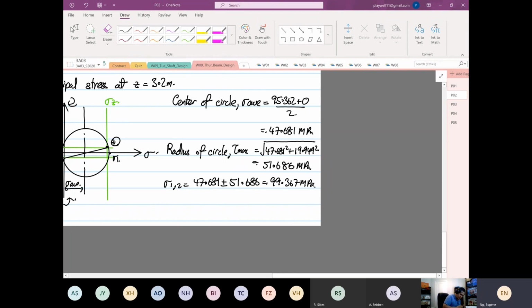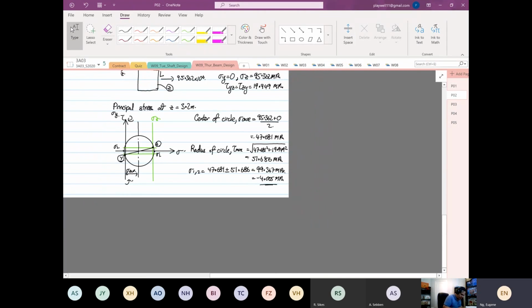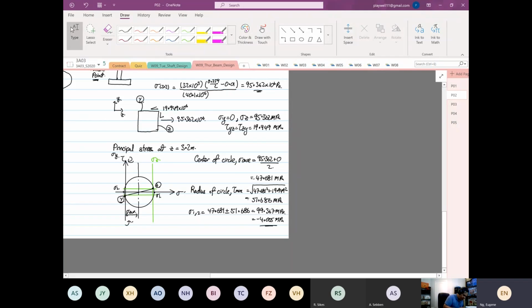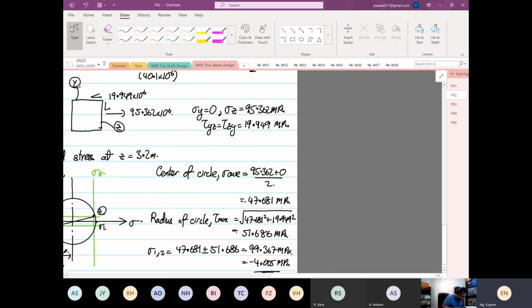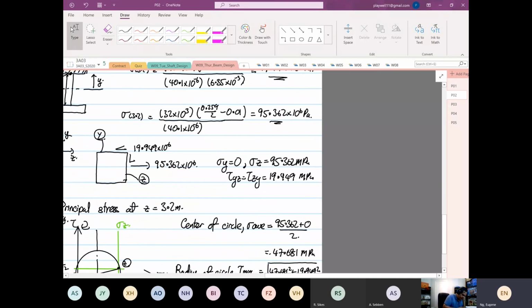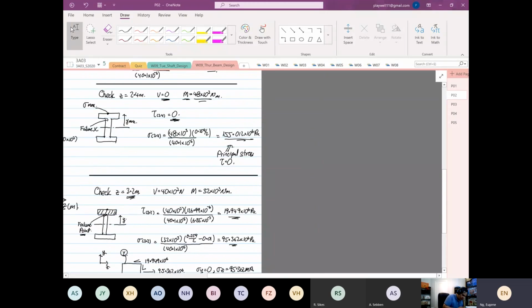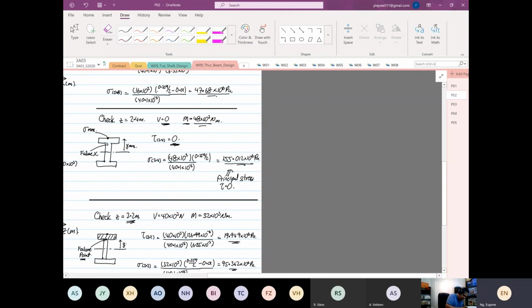And the other one is 47.681 minus 51.686, which is minus 4.005 megapascal. So you realize that at point Z equal to 3.2, your principal stress is 99.367, which is lower than your principal stress at Z equal to 2.4, at 155.